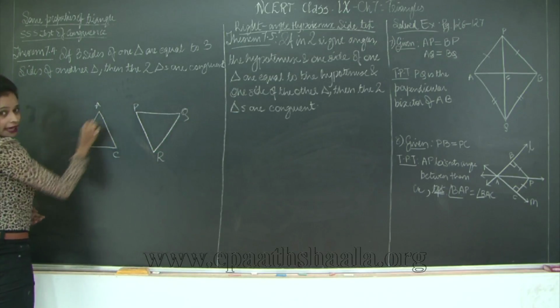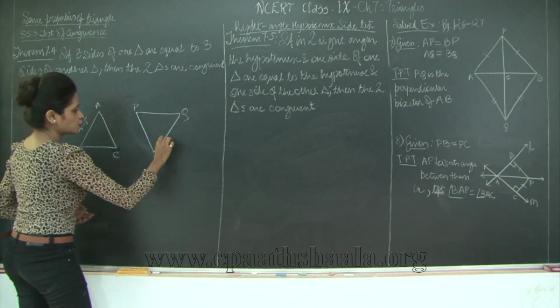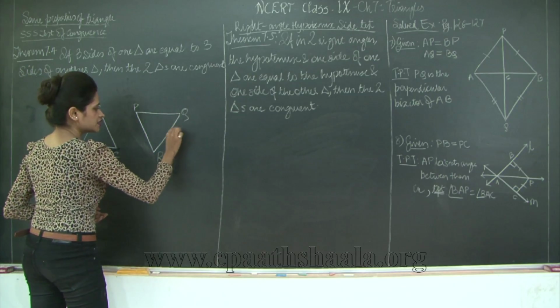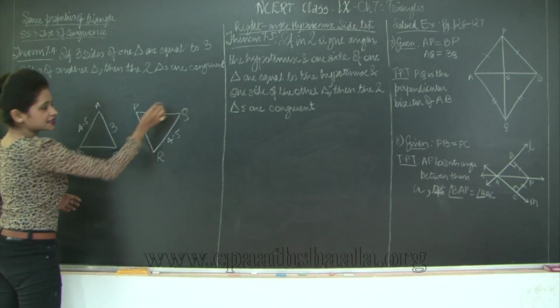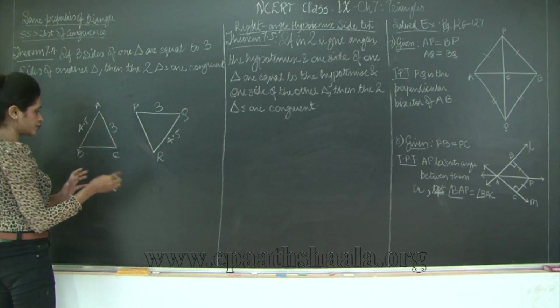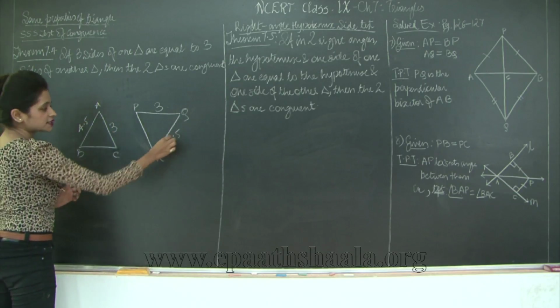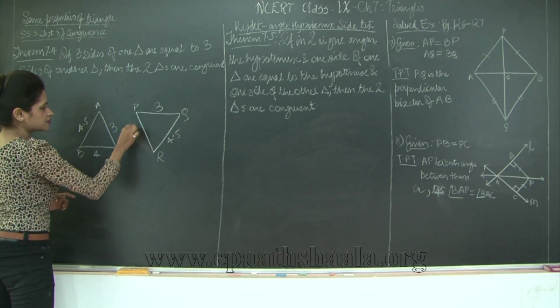Now, if AB is 4.5 centimeters, let us say QR is 4.5 centimeters, then I take this as 3 centimeters and this as 3 centimeters. Here these are just units, so 3 centimeters for your book, for example. If this is 4.5 units, this is 4.5 units, this is 3 units, and let us say this is 4 units and this is 4 units.